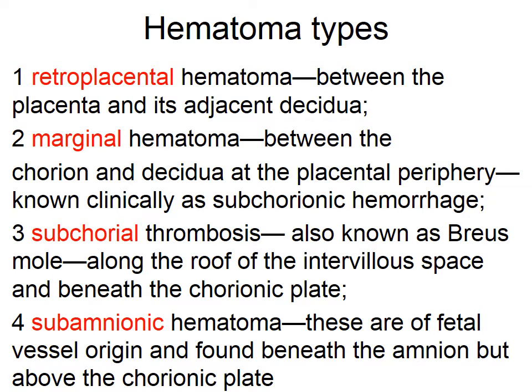The maternal placental fetal unit can develop a number of hematoma types. Those include retroplacental hematoma between the placenta and its adjacent decidua, marginal hematoma between the chorion and decidua at the placental periphery, known clinically as subchorionic hemorrhage, subchorial thrombosis along the roof of the intervillous space and beneath the chorionic plate, and subamniotic hematoma.